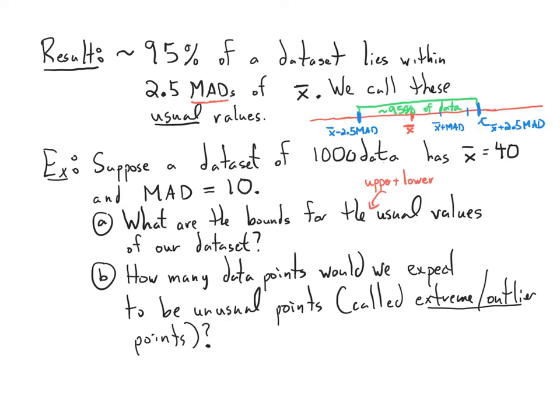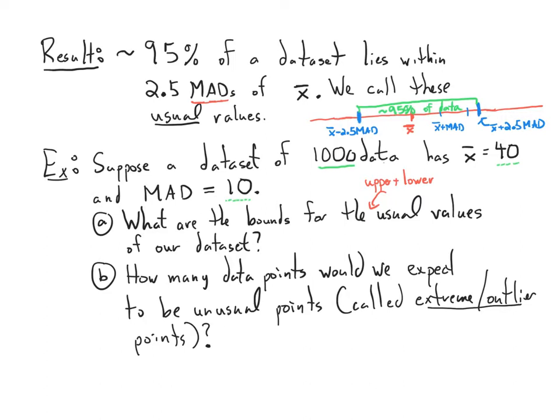So let's do a little example to kind of see how this works. So suppose we have a fairly large data set. Let's say we have 1,000 data points. And we're told that the mean of this data set is 40, and the mean absolute deviation, the average distance from the mean, is 10. So we're asked, what are the bounds for the usual values in this data set?